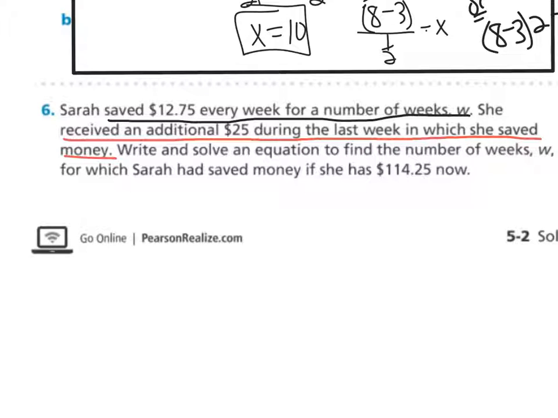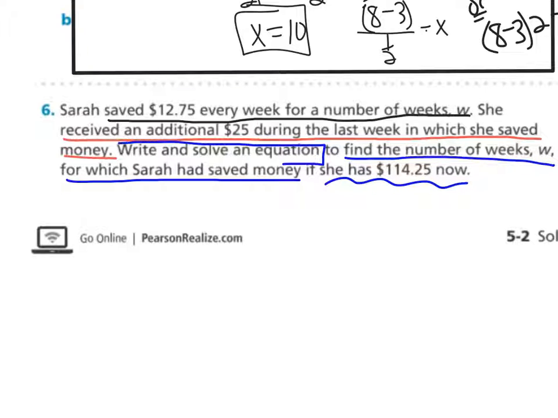They want us to find the number of weeks W for which Sarah had saved money if she has $114.25 now. It does specifically say on this problem, write and solve an equation. So we have to write and solve an equation in order to get our answer on this problem.